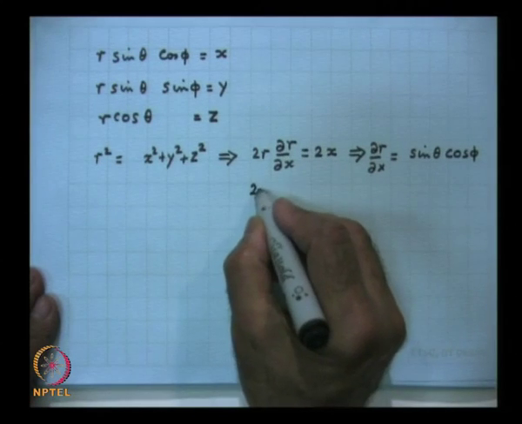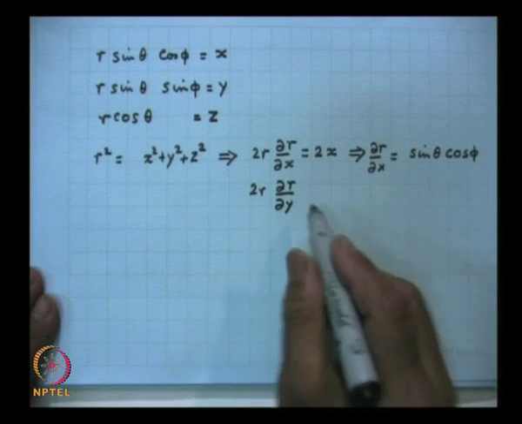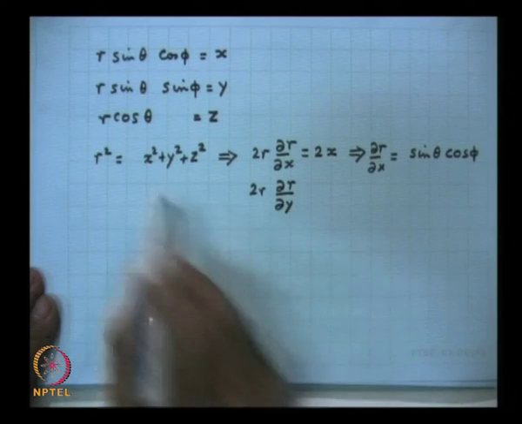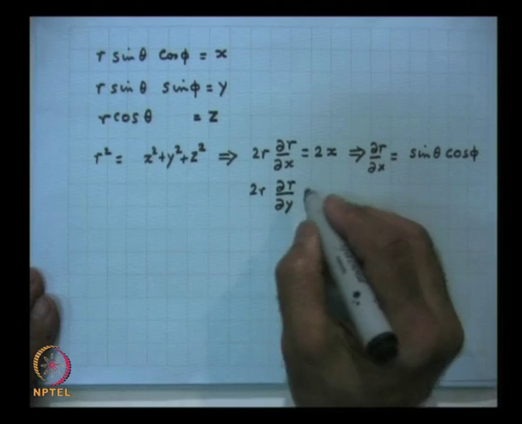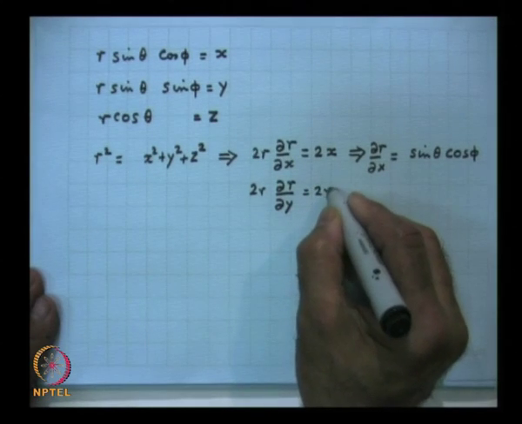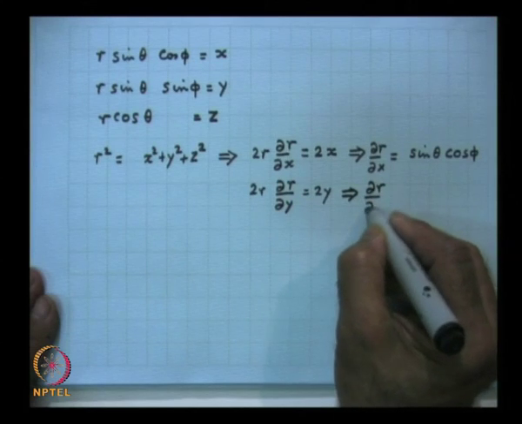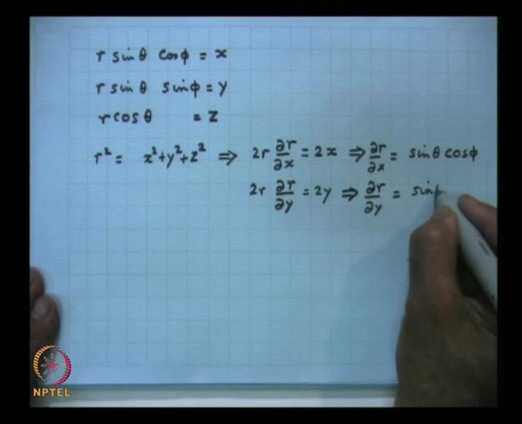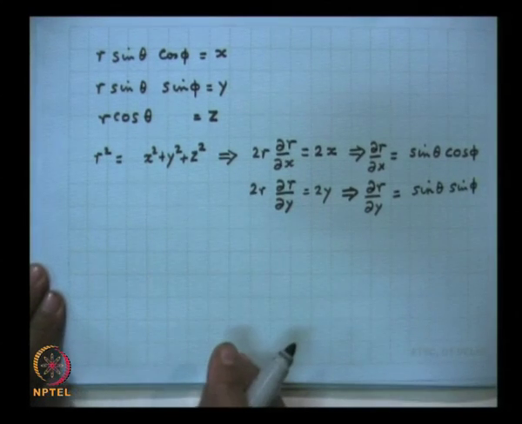Similarly, 2r delta r by delta y: when I differentiate partially with respect to y, then x and z have to be kept constant. So, this will be equal to 2y, which implies that delta r by delta y is equal to y by r, that is sin theta sin phi. So, you can see these are not that difficult.